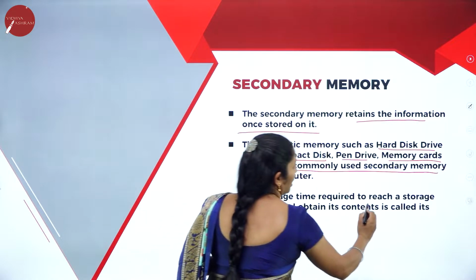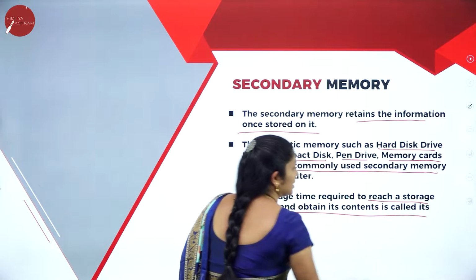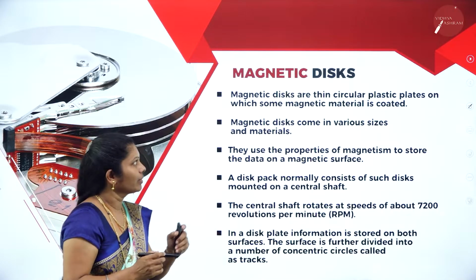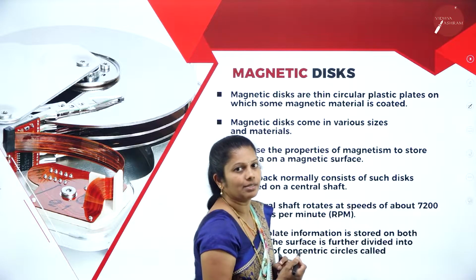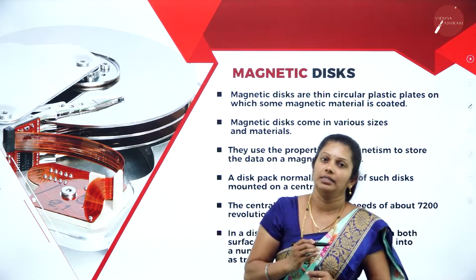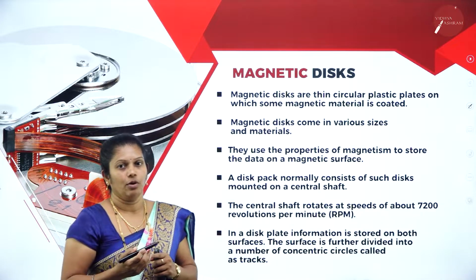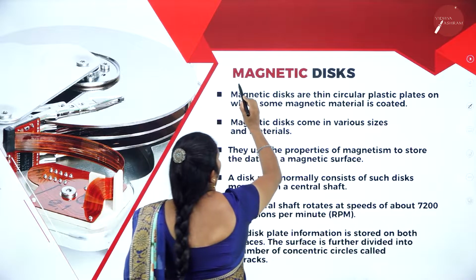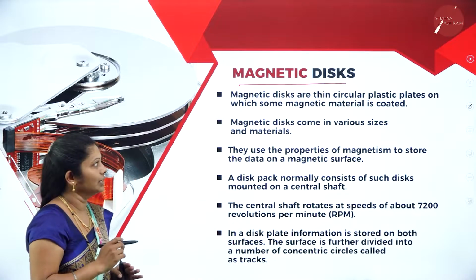The average time required to reach a storage location and obtain its contents is called its access time. On the types of secondary memory devices, as I already told you, we have hard disk, floppy disk, compact disk, and pen drive, all called secondary storage devices. Now we will discuss one by one, first the magnetic disk.